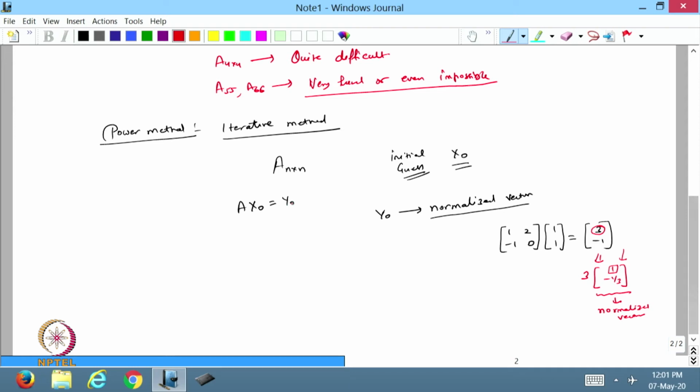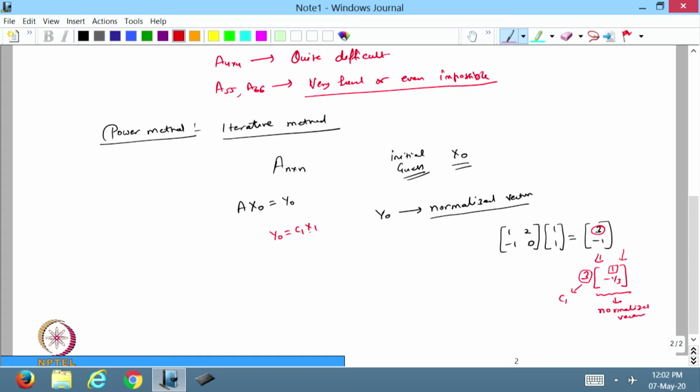Okay. So, what do we do? In the y naught, I take the highest element common, and I call it c1.